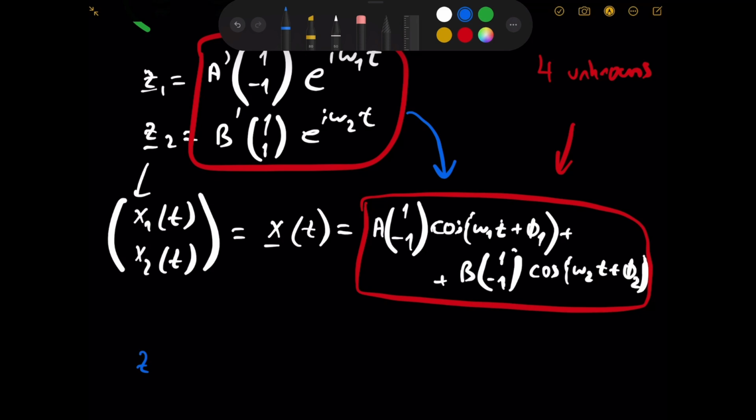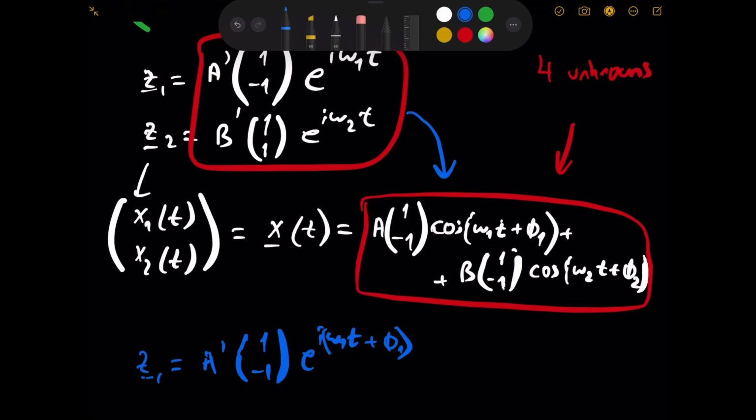z1 equaling this one, right? So a prime minus 1 e to the power of i omega 1 t. So what I tried to say was, a prime, well, that's a complex number. It can be complex, but I can make it real if I take out the phase.